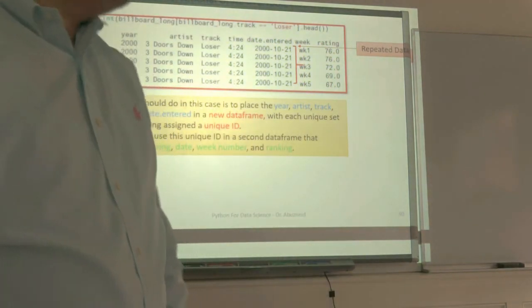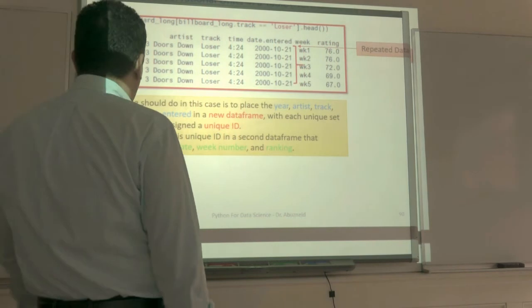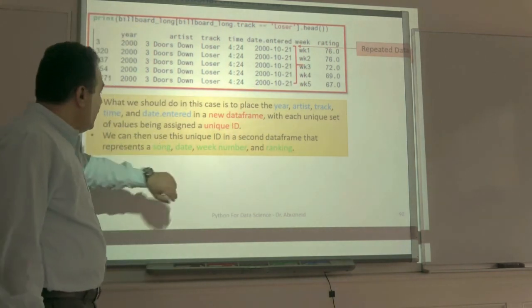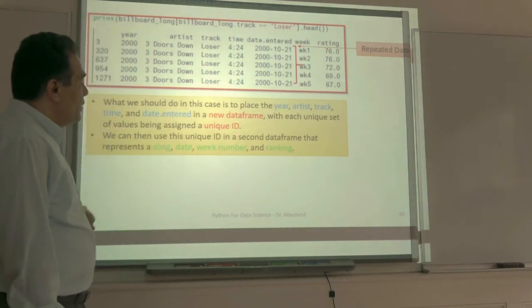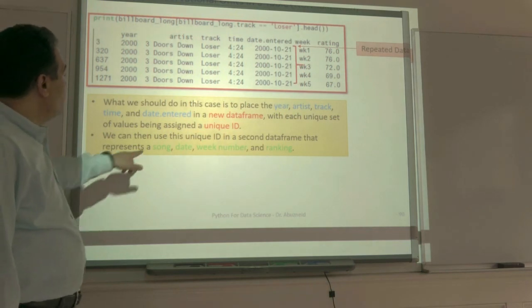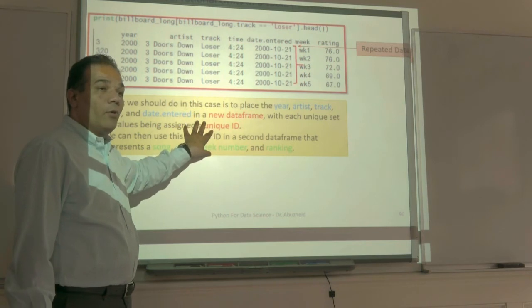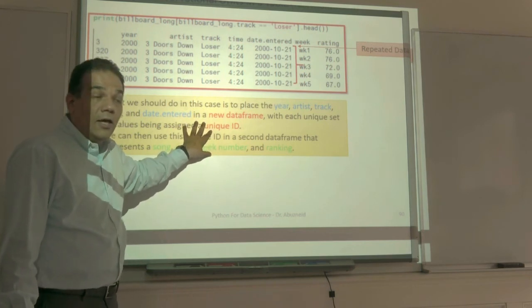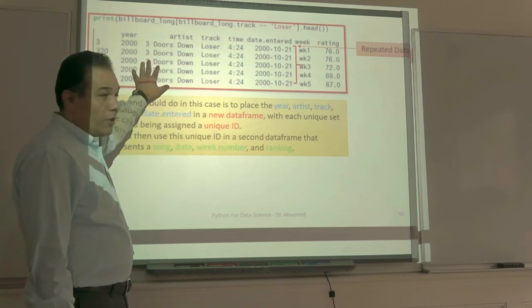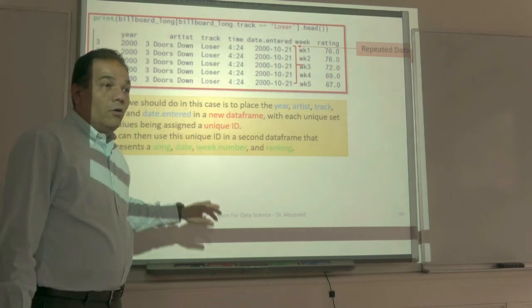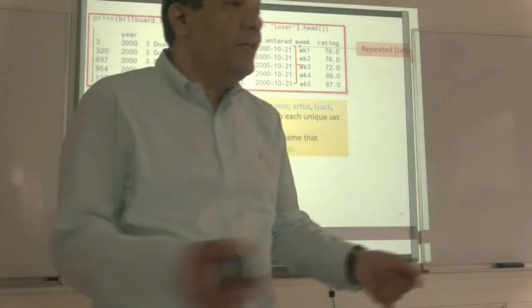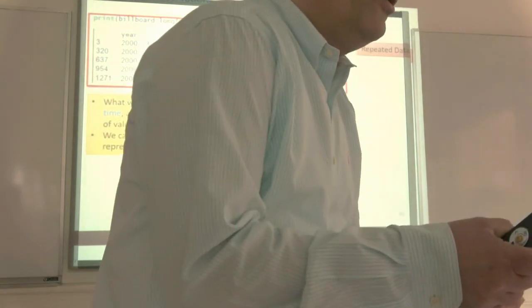And we can then use this unique ID in a second data frame that includes the song, the date, the week number, and the ranking. So one table for the ranking, and one table for the information about the song. But we have to create a unique ID so that we can join them later.